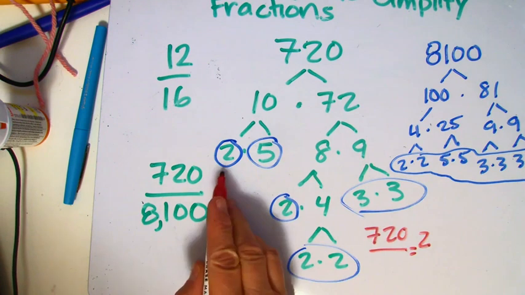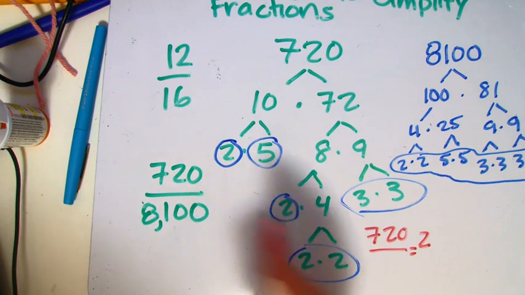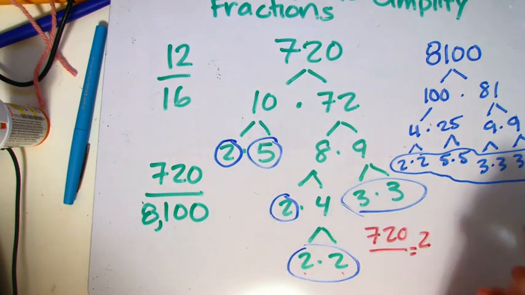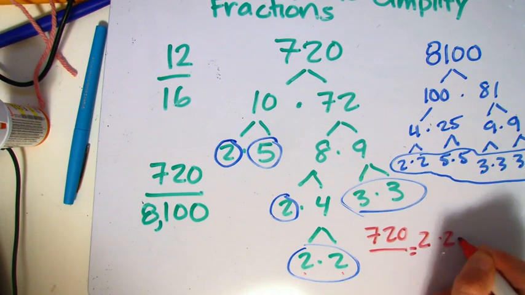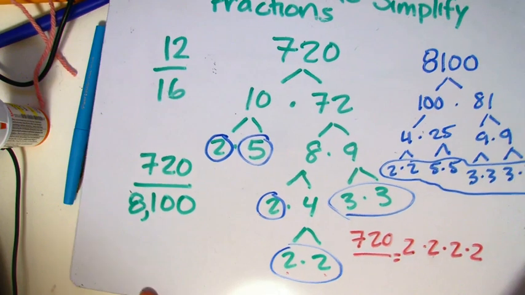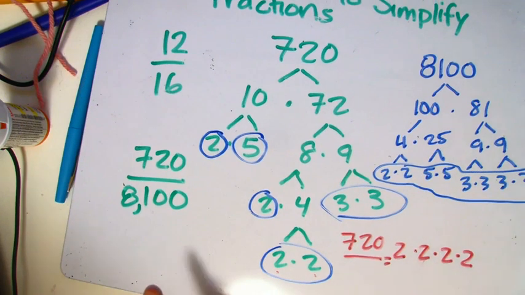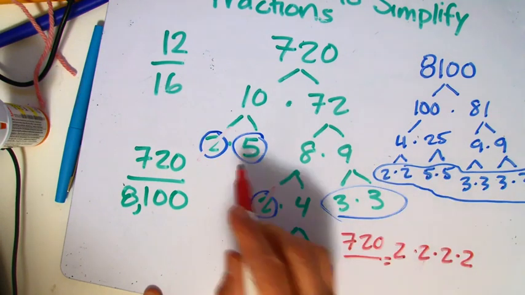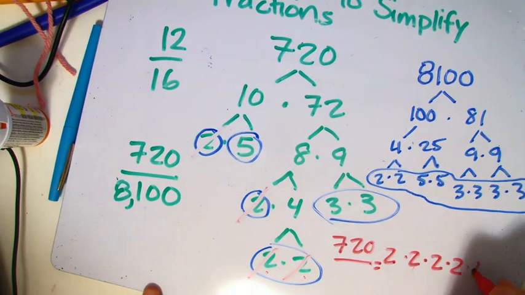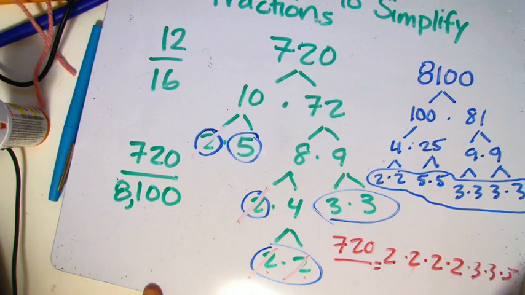I am going to write all the 2's together first. So I've got 1, 2, 3, 4 2's. So 2 times 2 times 2 times 2. And then, so I'm going to cross those out. I have 2 3's and a 5. So 2 3's and then a 5.